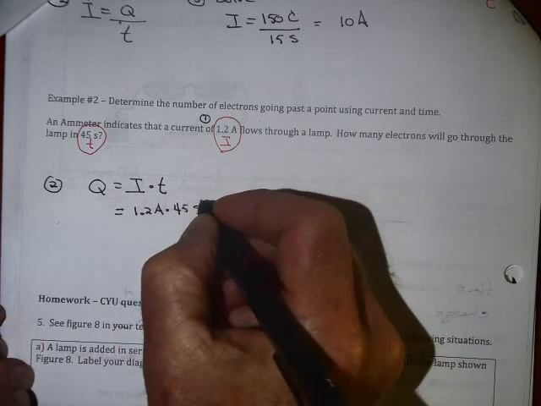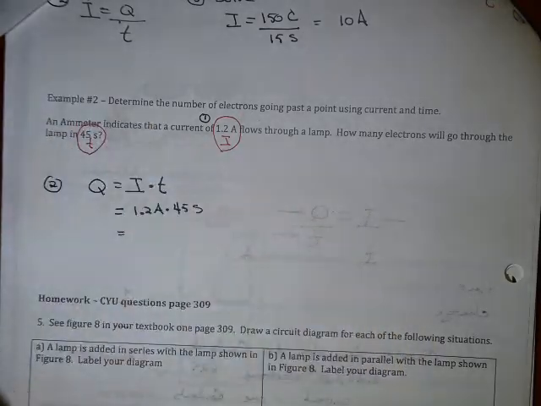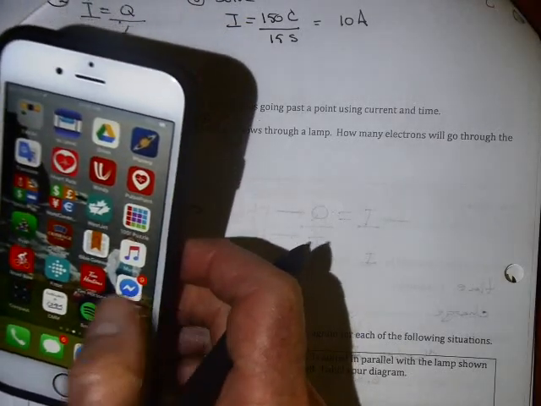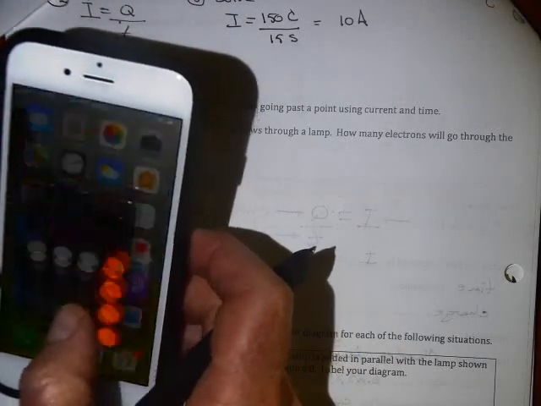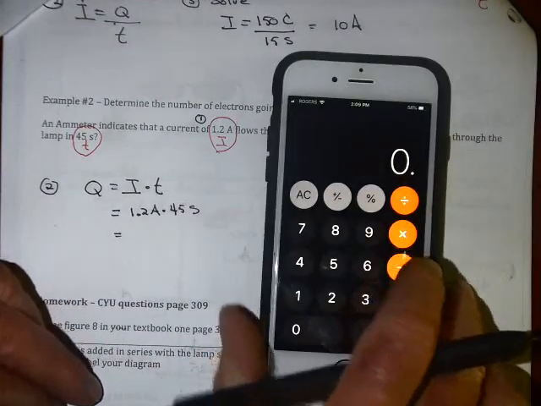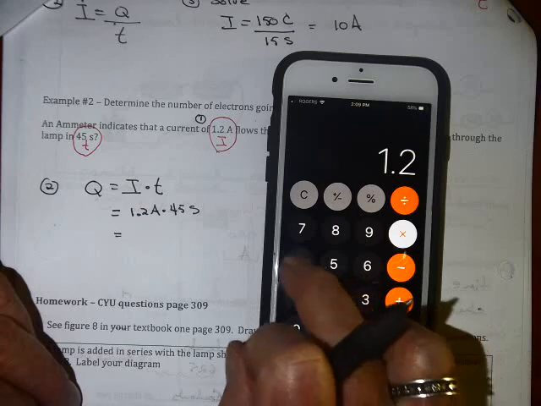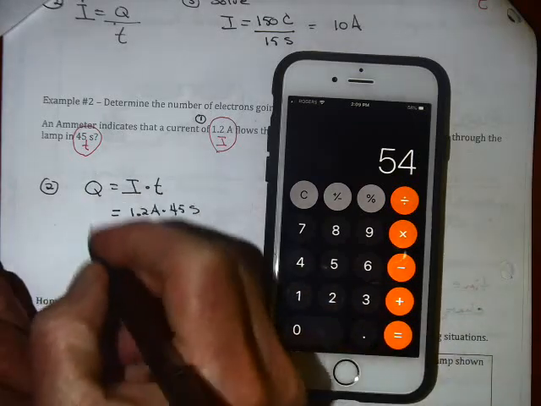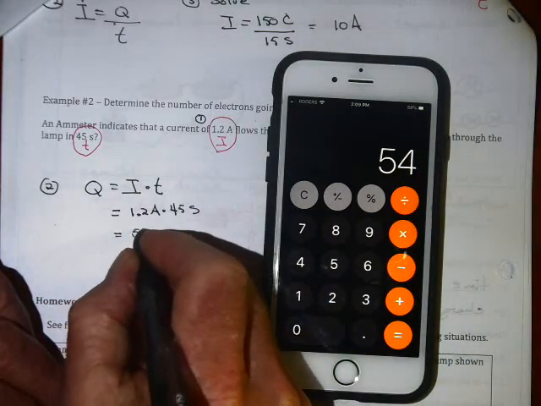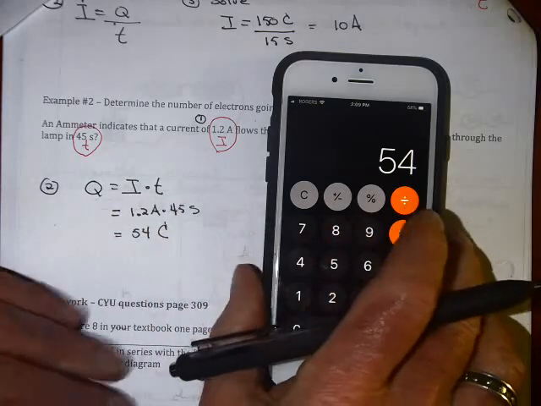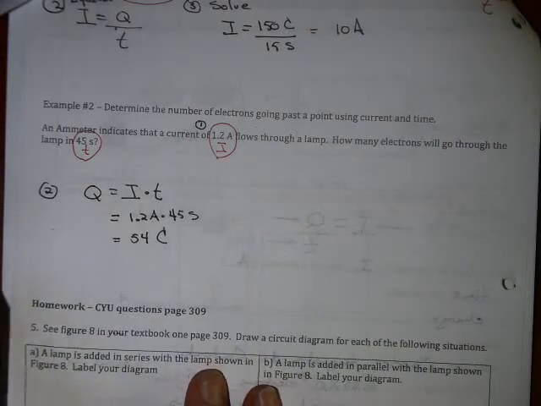Okay, so I've got to get my calculator out. 1.2 times 45 is equal to 54 coulombs.